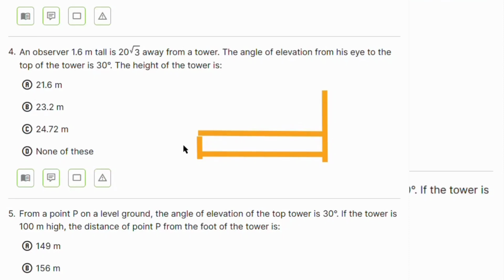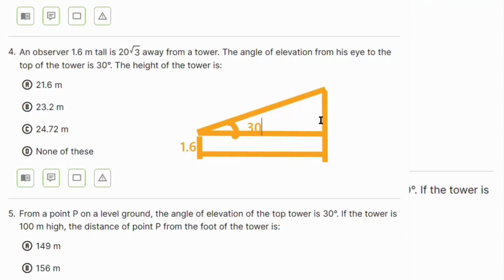We make an angle of elevation of 30 degrees from his eye.